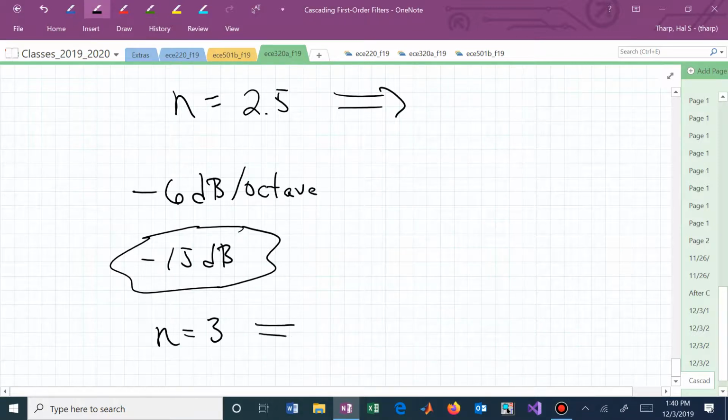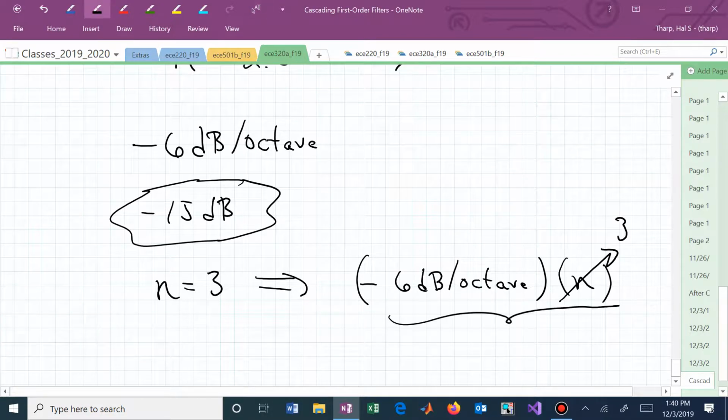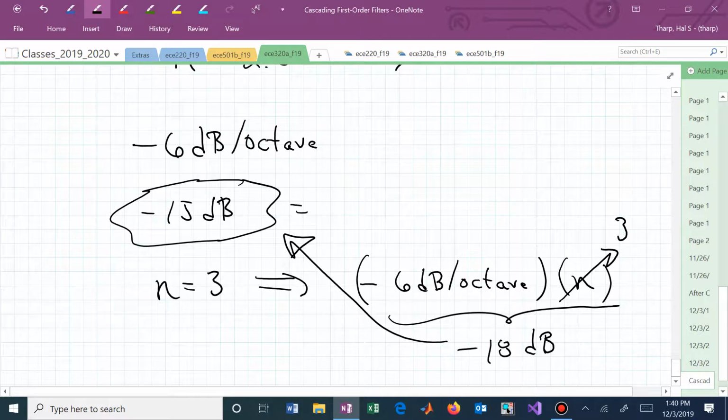N equal to 3 says that you now have minus 6 dB per octave times N. So if N is equal to 3, this gives you minus 18 dB, and that is enough to satisfy this A sub s specification. So just thinking it through without the formula, you could have justified N equal 3.